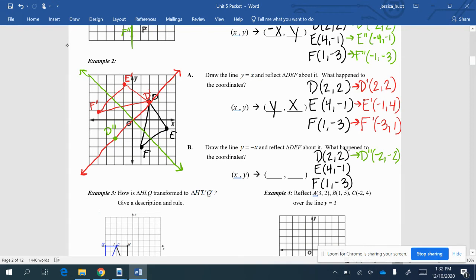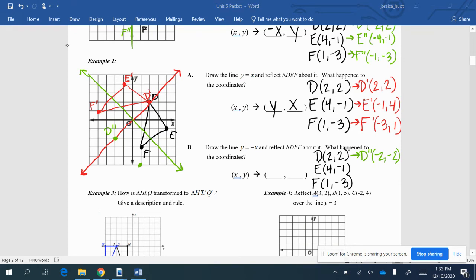E, oh, we're right here. These ones are harder to count.